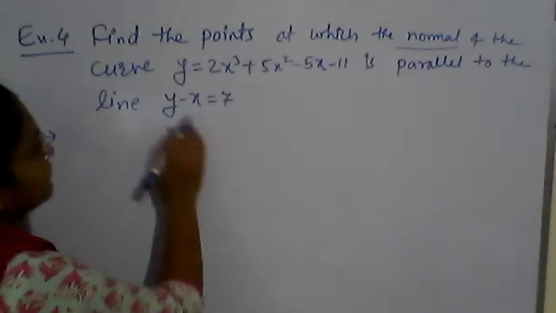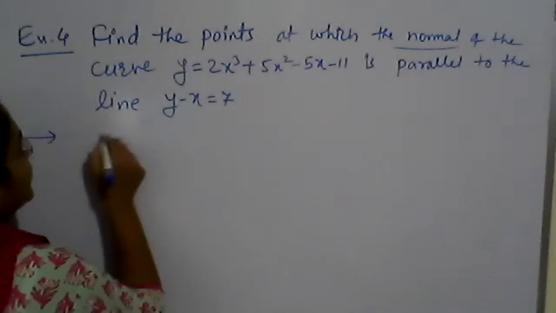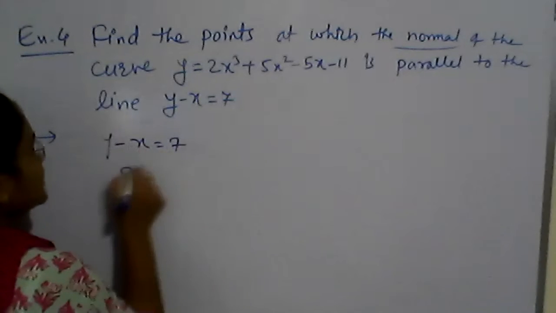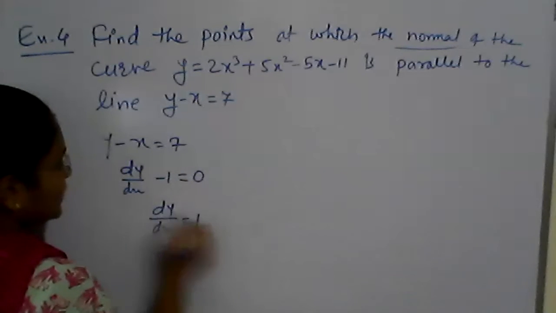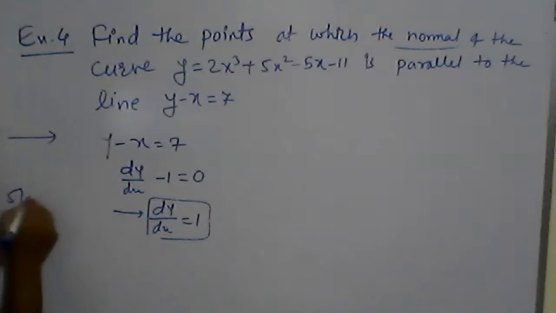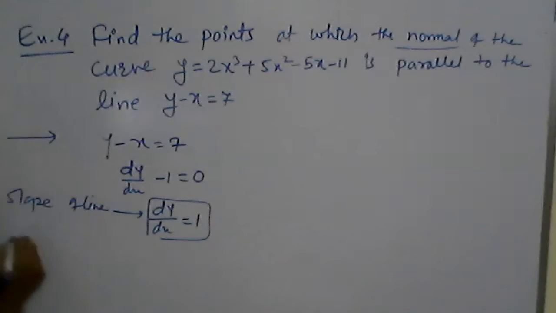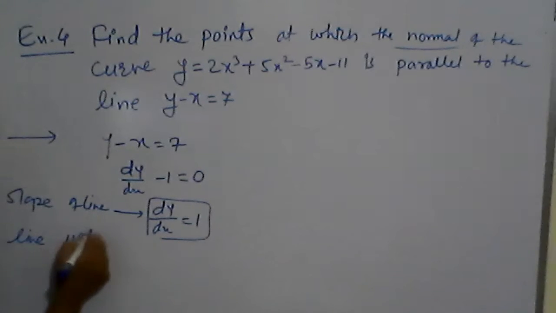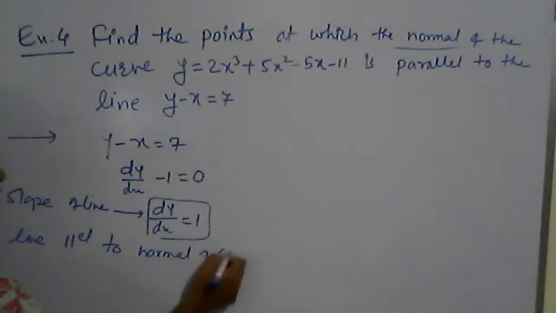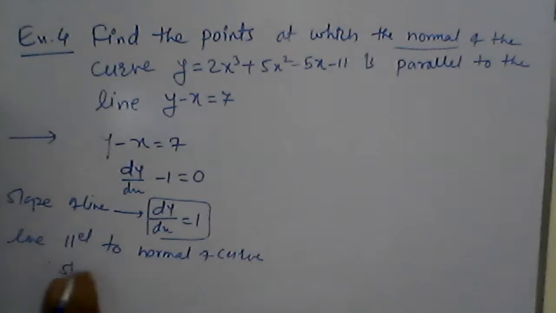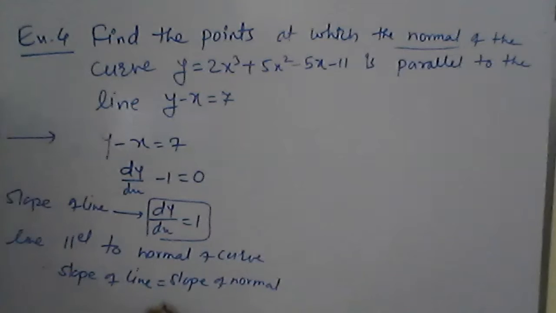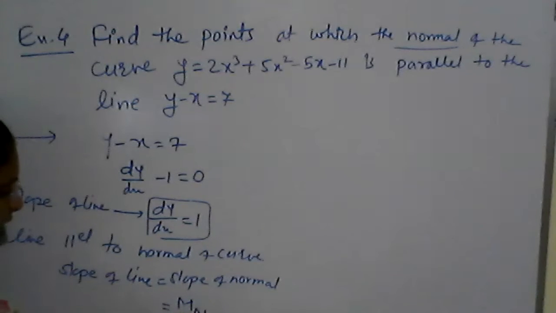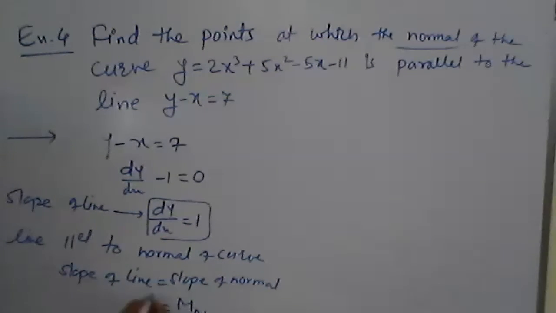So here we have the line y minus x equals 7. So dy by dx minus 1 equals 0, so dy by dx is 1. This is the slope of the line. The line is parallel to the normal of the curve, therefore the slope of the line equals the slope of the normal. We denote it by mn, so mn equals 1.